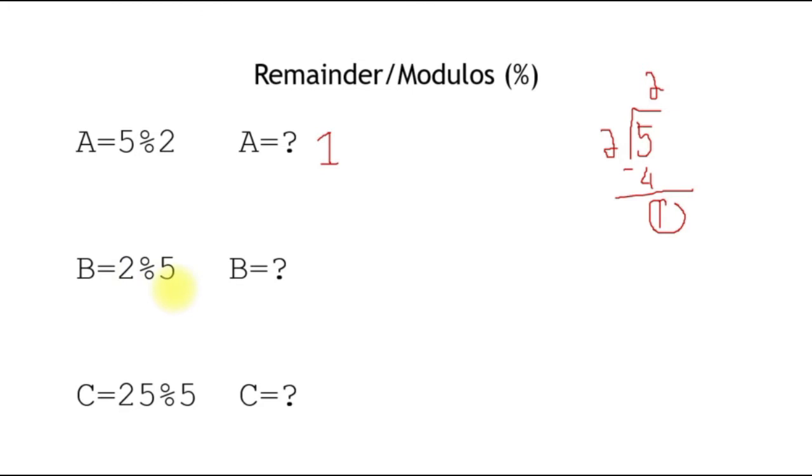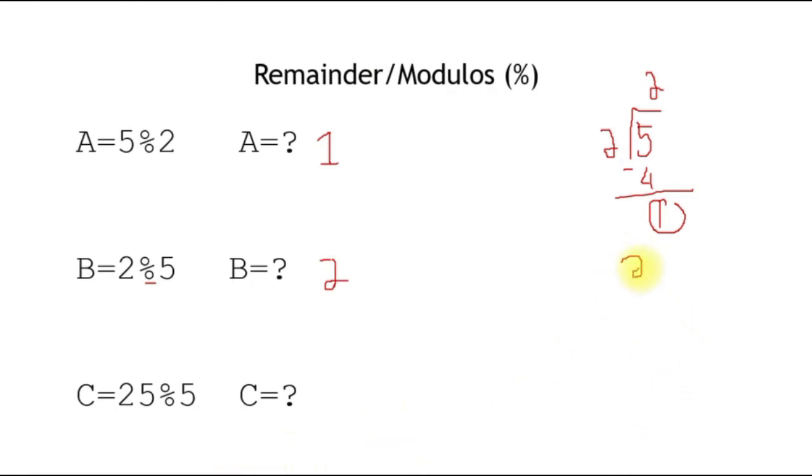Ma'am, paano yan? 0 ba ang sagot? No. Okay? Ganito ha, I will give you a tip. Kapag mas maliit yung nasa left operand kaysa sa right operand at ginamitan ng modulo operator, ang laging sagot ay yung pinakamaliit, which is the 2. So, bakit naging 2? Okay, try natin siyang i-compute.